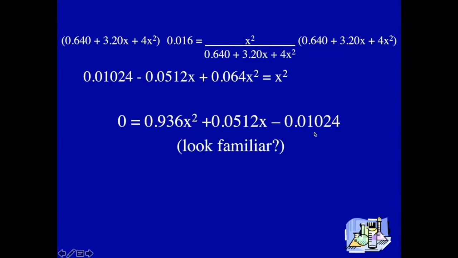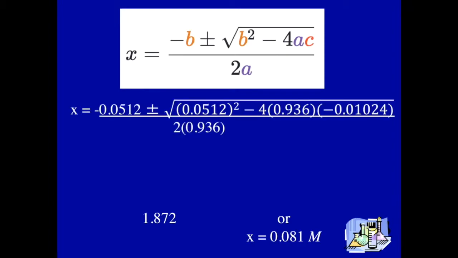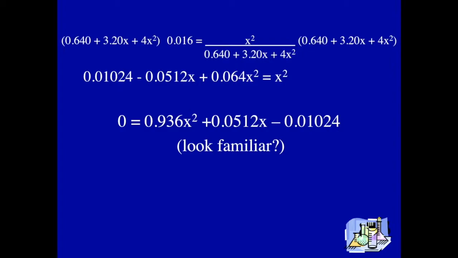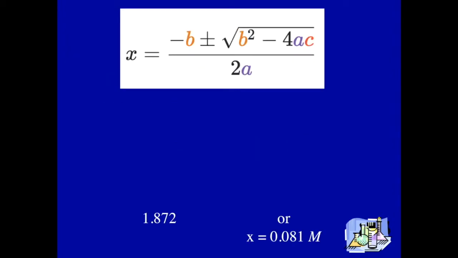That might look familiar. If it doesn't, it's where you put in the quadratic formula. So we're going to plug in these values, my a, my b, my c value. So I end up getting negative b plus or minus the square root of b squared minus 4ac over 2a.